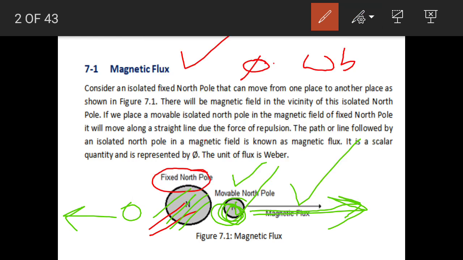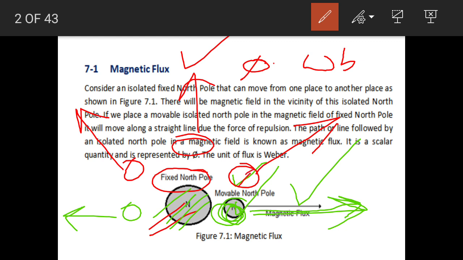Similarly, if we place the movable isolated north pole over here, it will follow this path due to the force of repulsion. If we place it over here, it will follow this path due to the force of repulsion. We can change the position of the isolated north pole in the given magnetic field, and we can draw as many lines as we want.